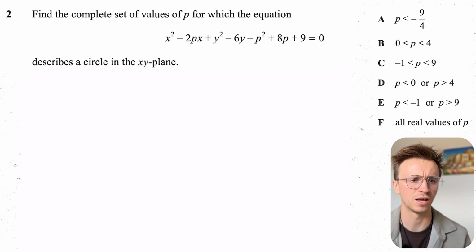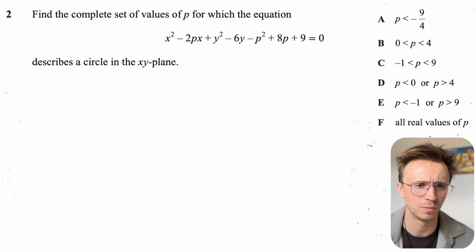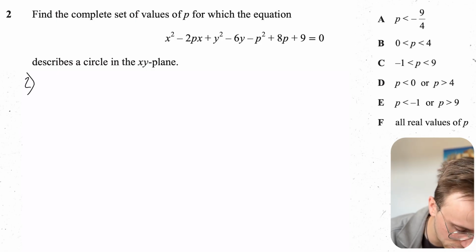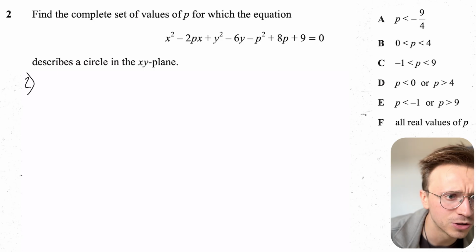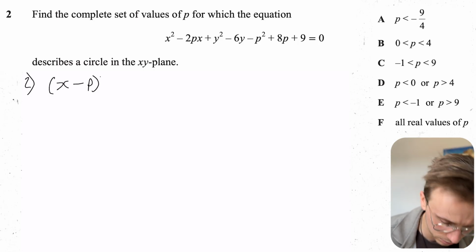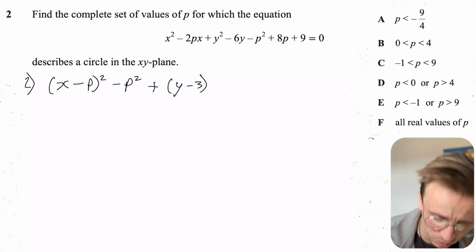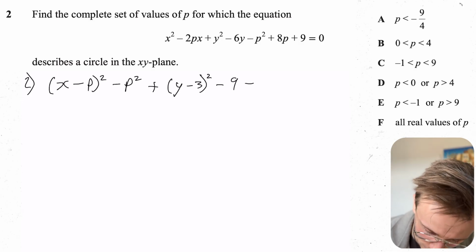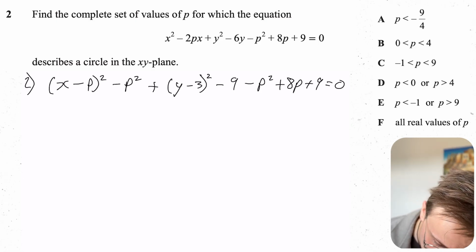Question 2: find the complete set of values of p for which the equation x squared minus 2px plus y squared minus 6y minus p squared plus 8p plus 9 equals 0 describes a circle. First, I'm going to get it in the form I know for circles. So that's x minus p squared, and then I need to minus off p squared, plus y minus 3 squared minus 9, then add on all the rest: minus p squared plus 8p plus 9 equals 0.